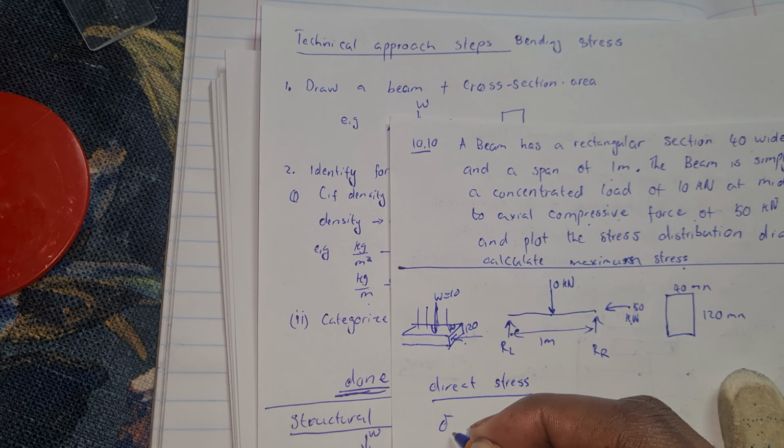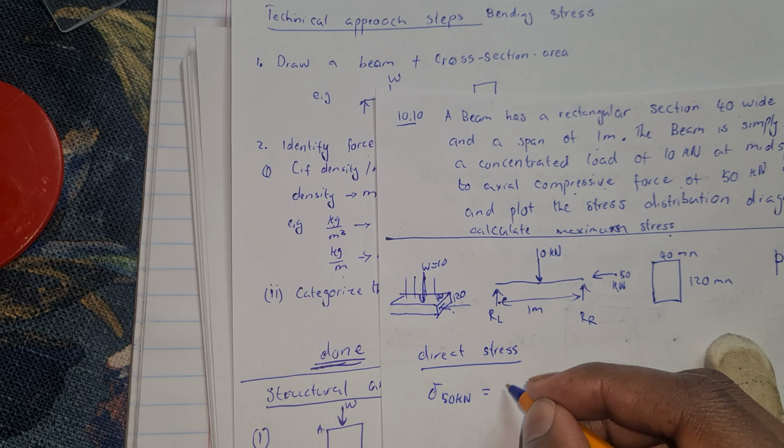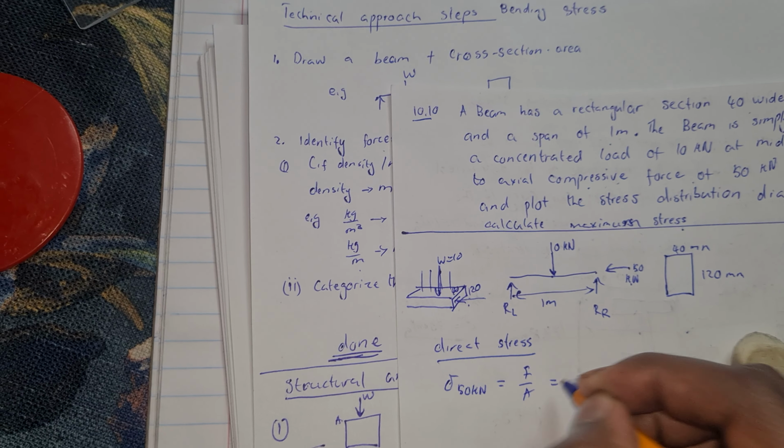And then direct stress for the 50 kilonewton is equal to what? Force over area.